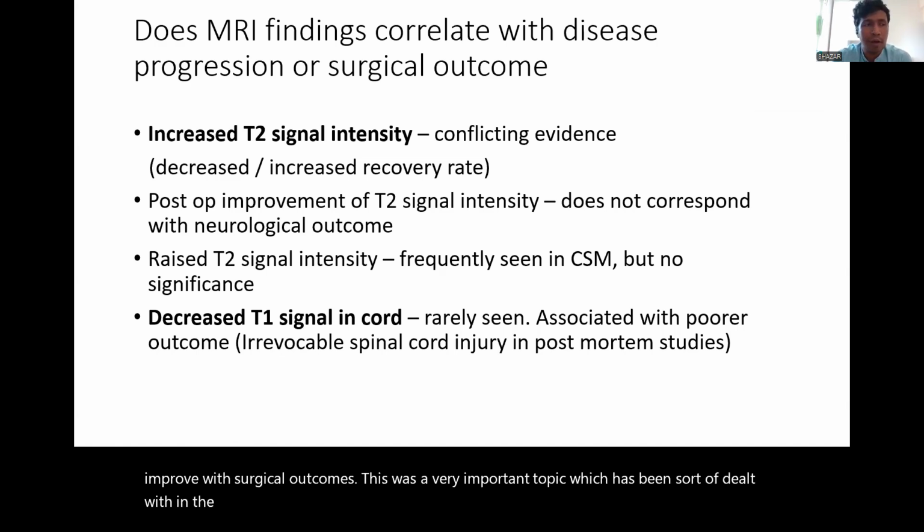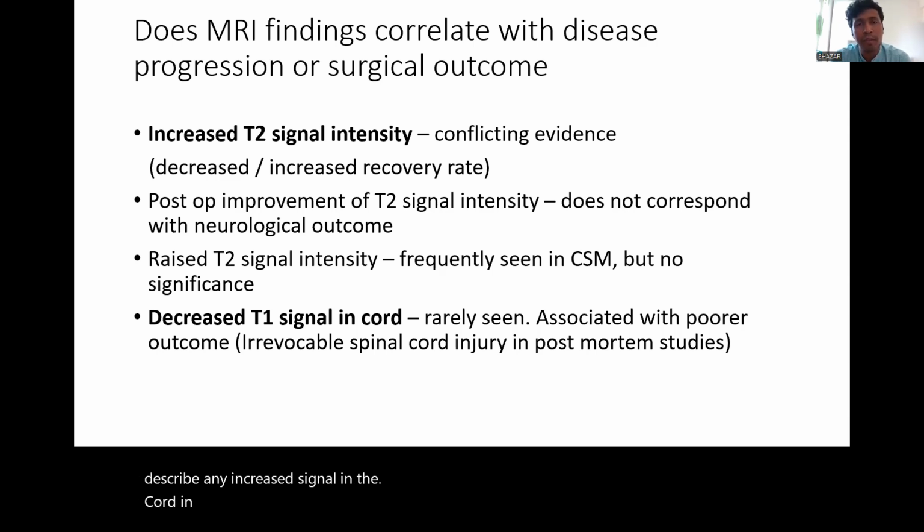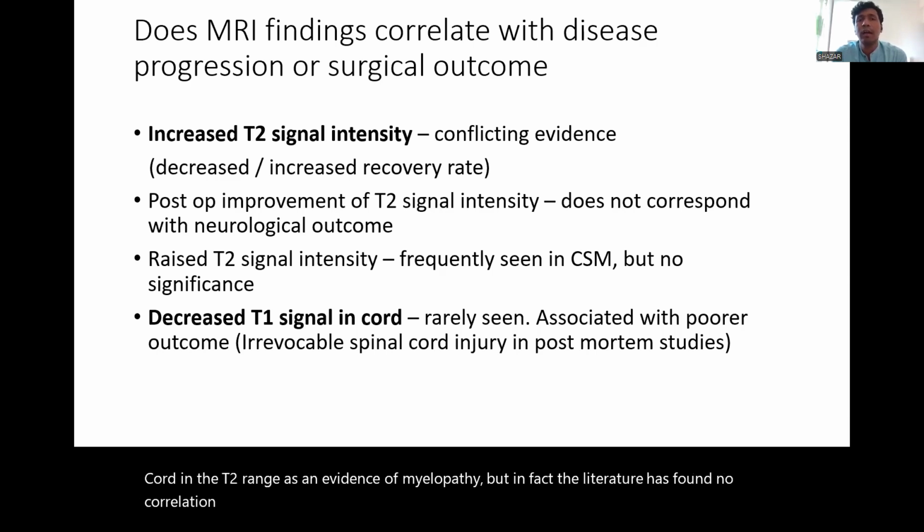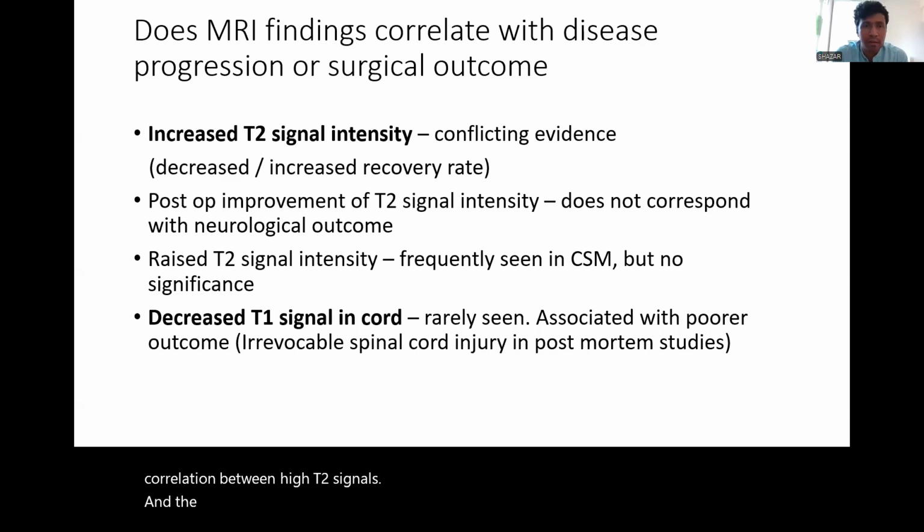A lot of our radiologists and radiology colleagues would describe any increased signal in the cord, in the T2 range, as evidence of myelopathy. But in fact, the literature has found no correlation between high T2 signal and the recovery rates, whether it's a decrease or increase.